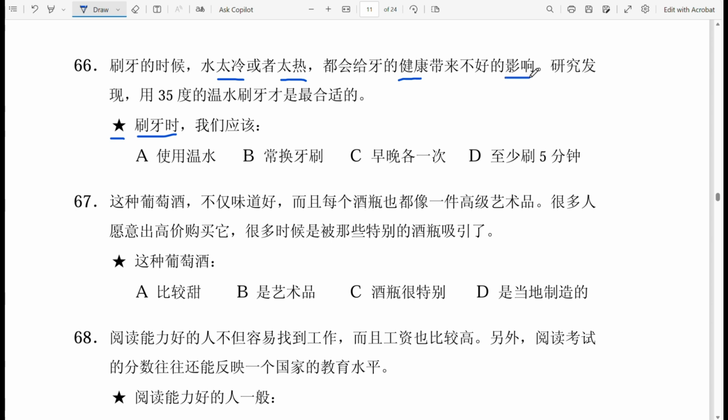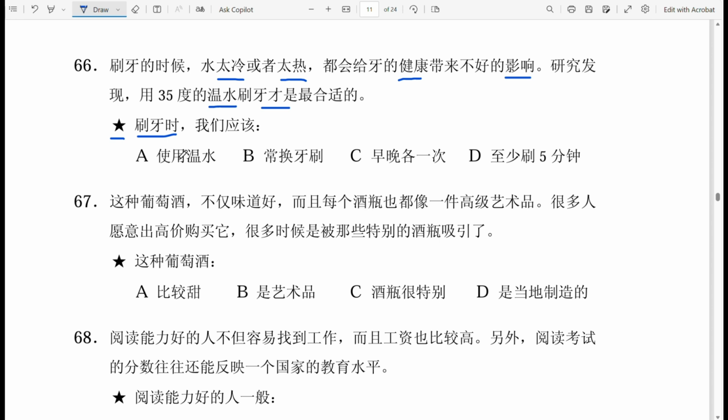They have a bad effect on the health of our teeth. 研究 research 发现 has discovered that using 温水, so warm water of 35 degrees, 才是最合适的. 合适 means suitable. So research has shown that using warm water, about 35 degrees, is the most suitable.